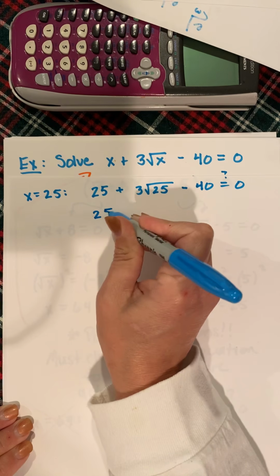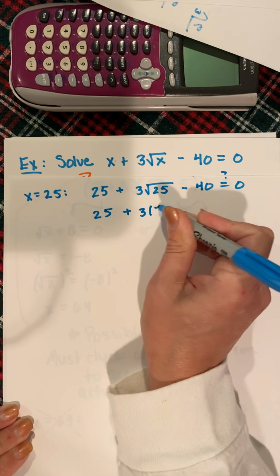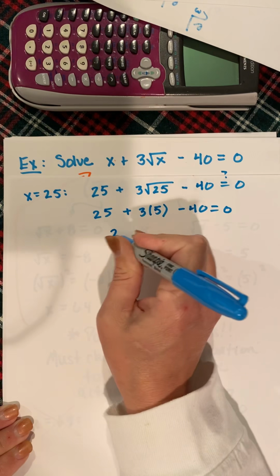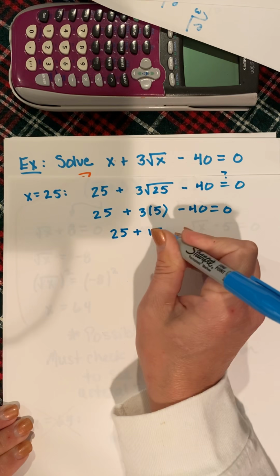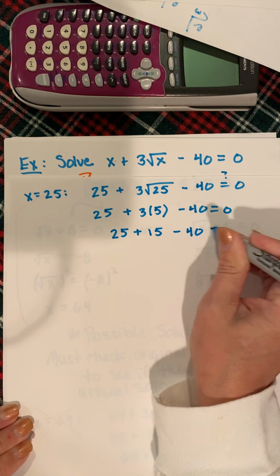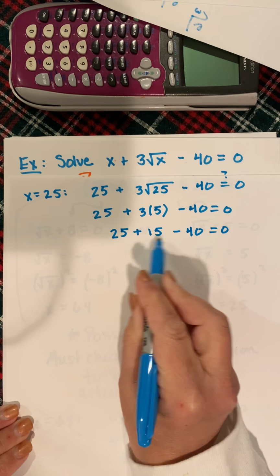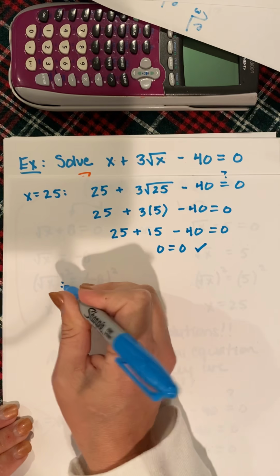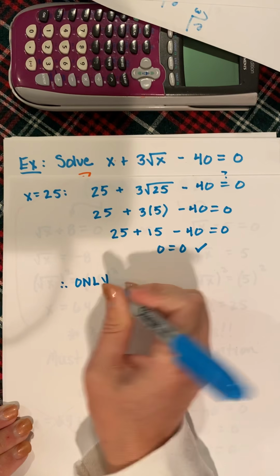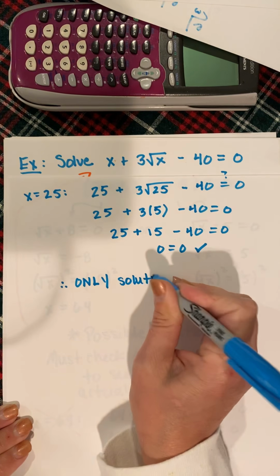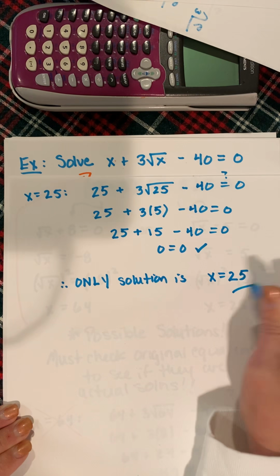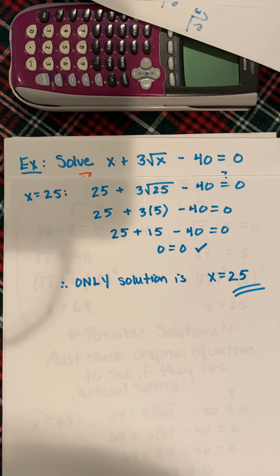Well, 25 plus 3 times 5 minus 40 equals 0. 25 plus 15 minus 40 equals 0. 25 plus 15 is 40, minus 40, 0 equals 0. So that is a true statement. Therefore, my only solution is x equals 25. So remember, if you start with the radical equation, you have to check the answers.